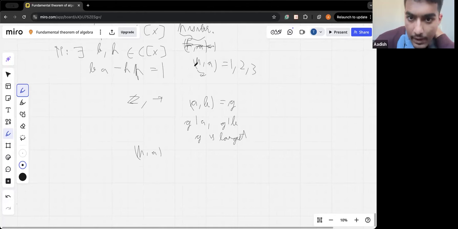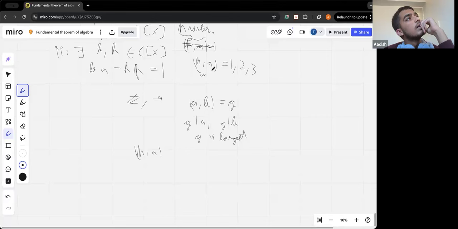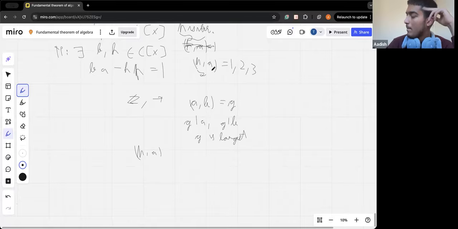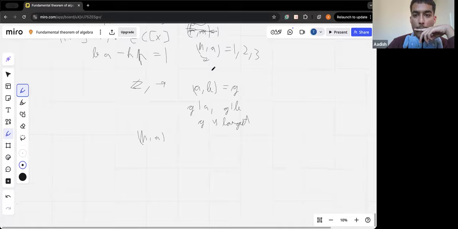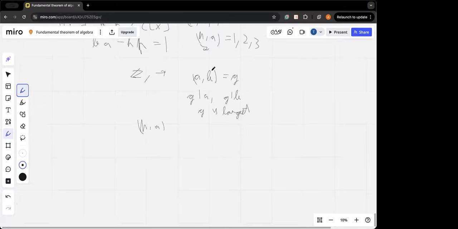I'm trying to think if there's a better way to do this. There's another definition of GCD that's slightly better here. Can we define it using Bezout?